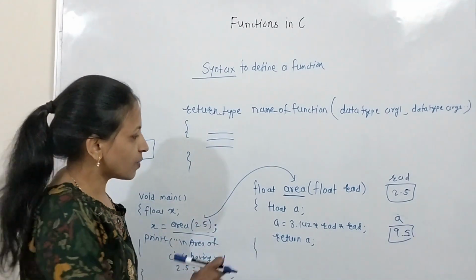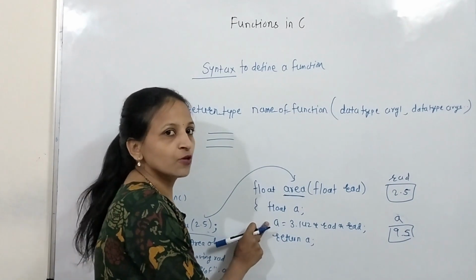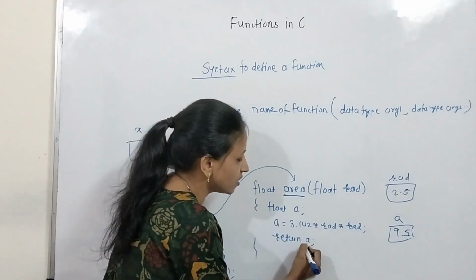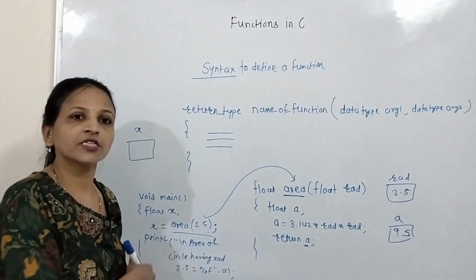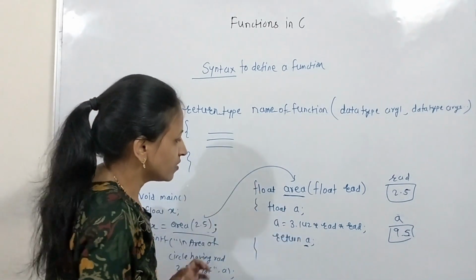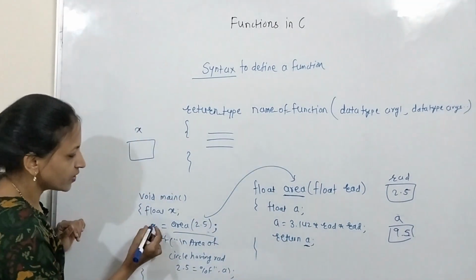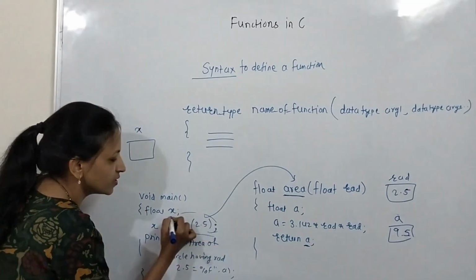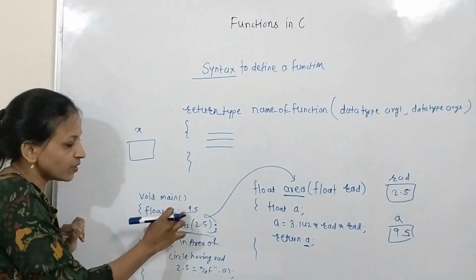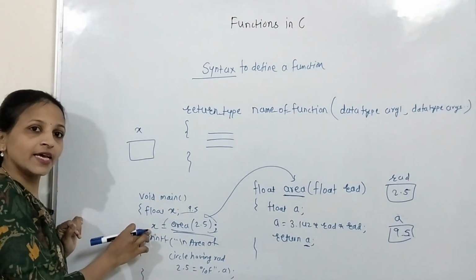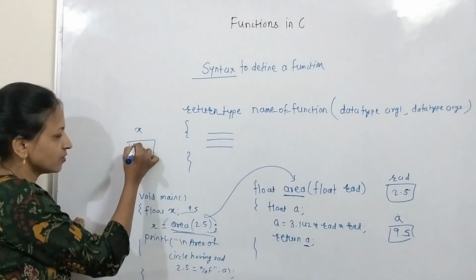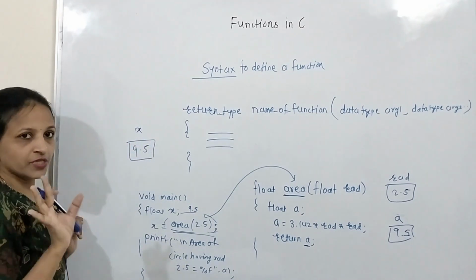It means after executing all these statements, after calculation of area, whatever result we have, we are returning from that function outside. Now whatever is returned will get fetched here at this place, and that 9.5 will get copied in that x here. In this way the execution is.